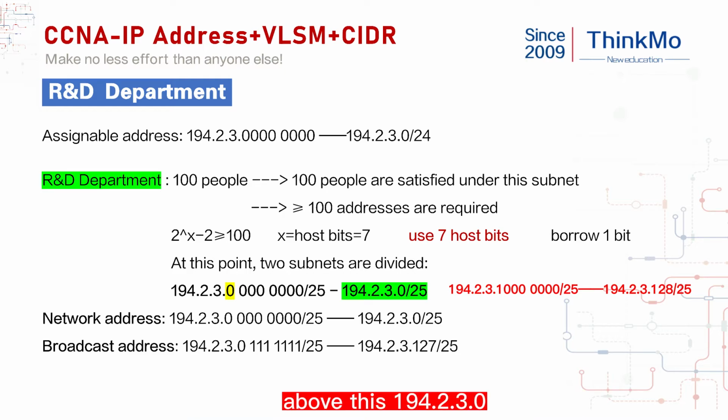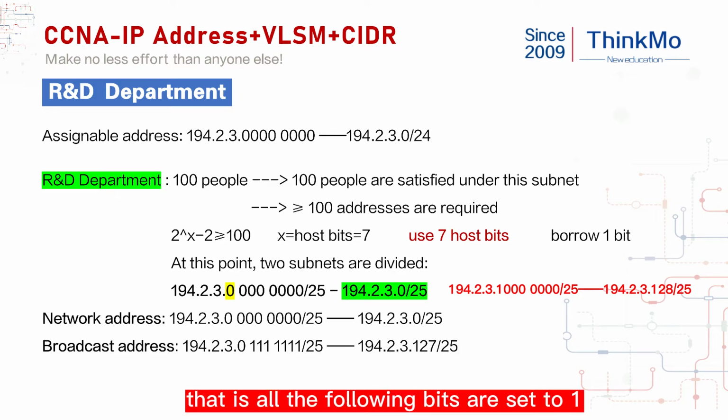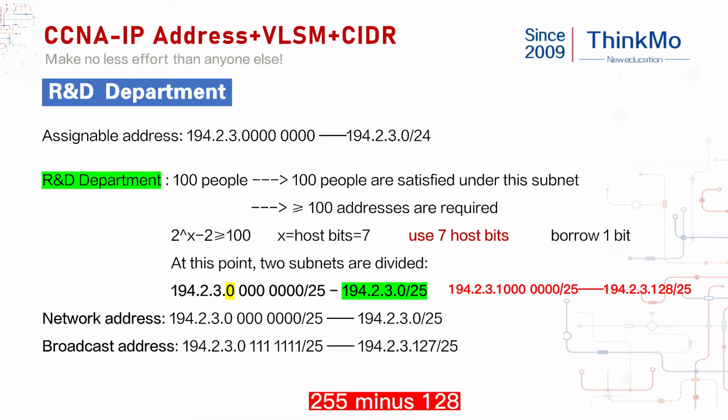department. Above this, 194.2.3.0 with a 25-bit mask. Let's calculate the network address of this network segment. 194.2.3.0 is its network address. With a 25-bit mask, its broadcast address is when all the following bits are set to 1. 255 minus 128 is 127.